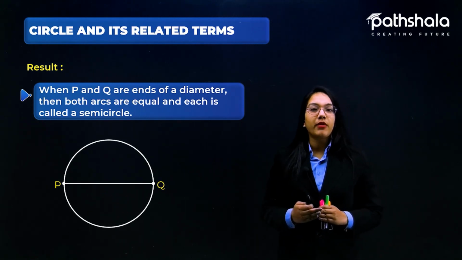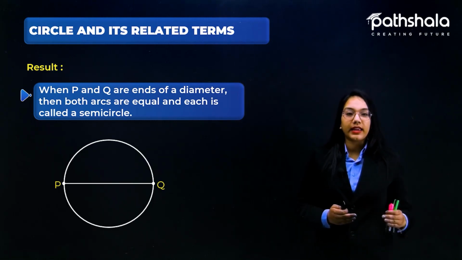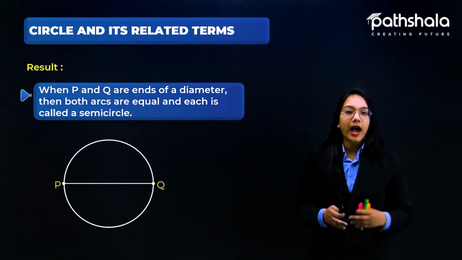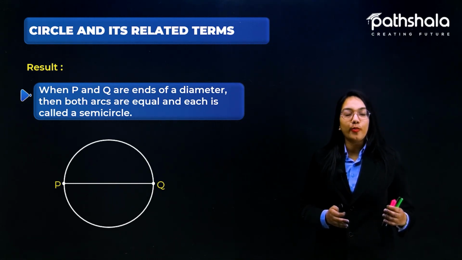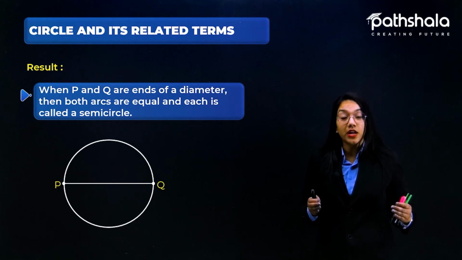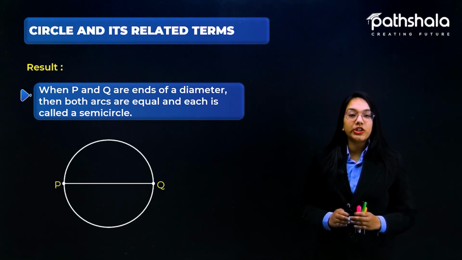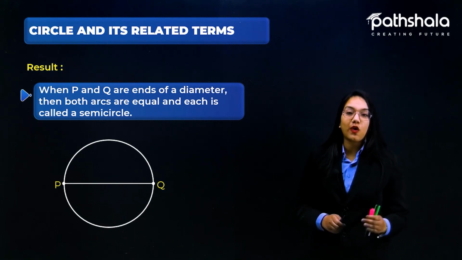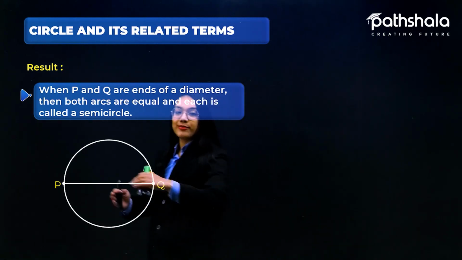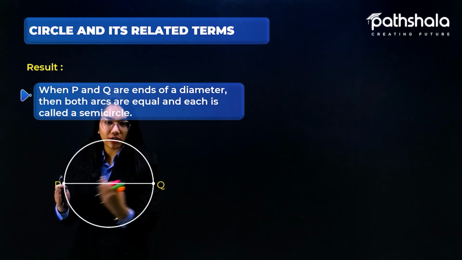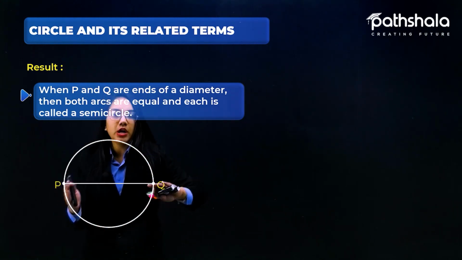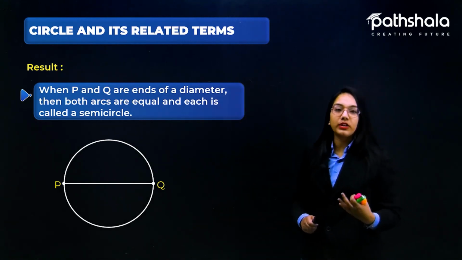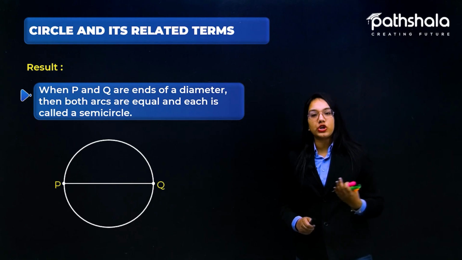Always remember, whenever the two points we take to get a piece of a circle are the ends of a diameter, both arcs are equal to each other, and each is called a semicircle. So if I talk about this portion or this portion, they are called semicircles. This is all about the arc and a special result related to it.